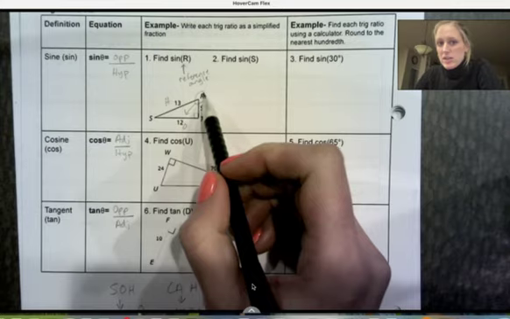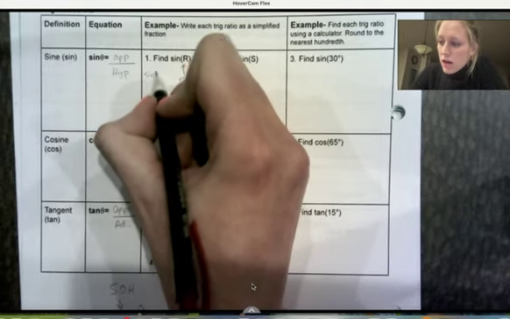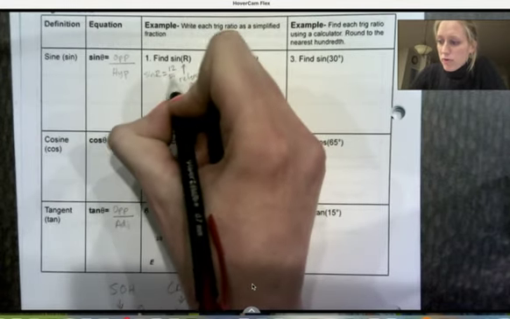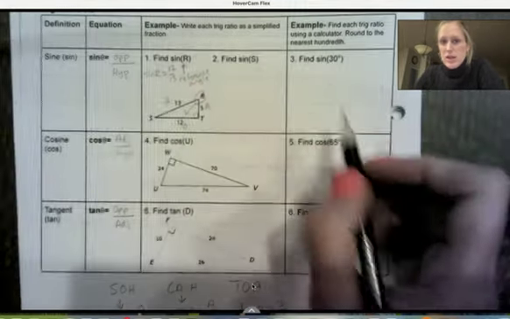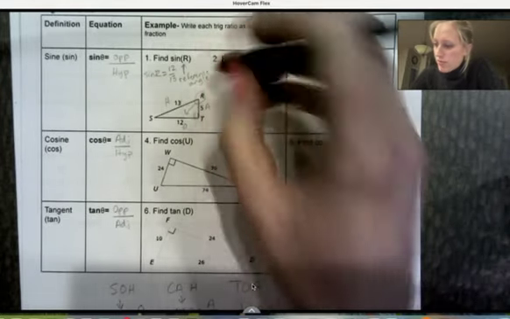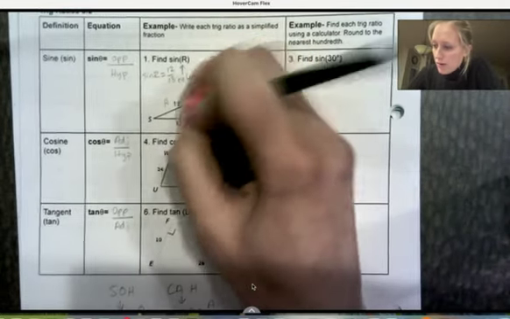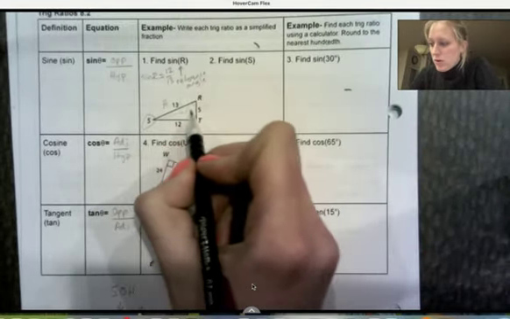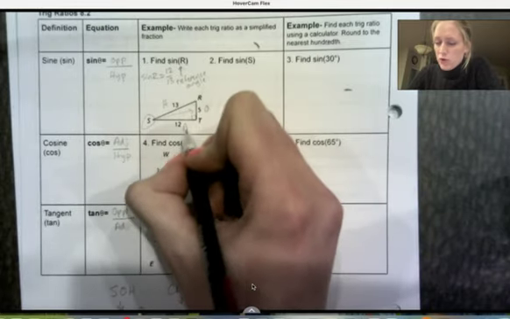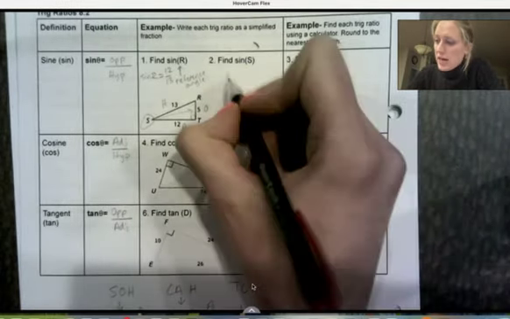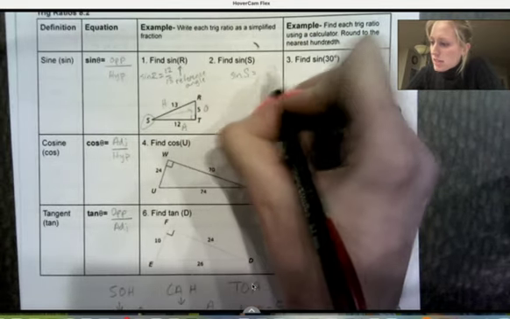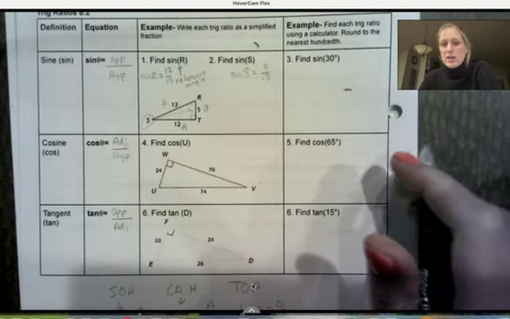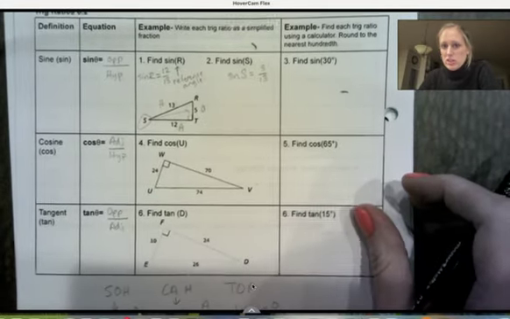So sine of R equals opposite over hypotenuse, so it's going to be 12 over 13. Now, if I switch to S, now S is my reference angle. So now 5 is the opposite and 12 is the adjacent. So sine of S is equal to 5 over 13. Again, depending on what angle we're talking about, that changes where the opposite and adjacent are.